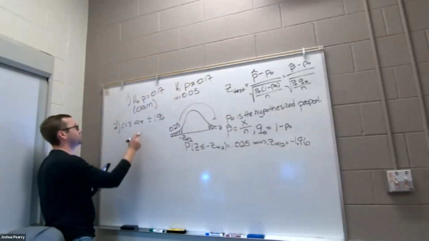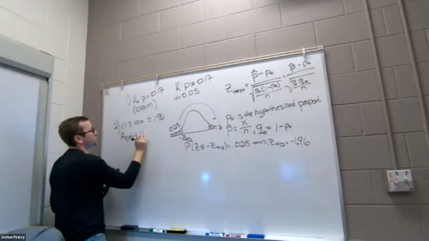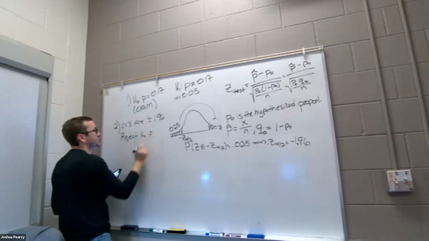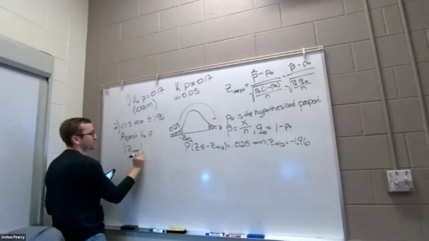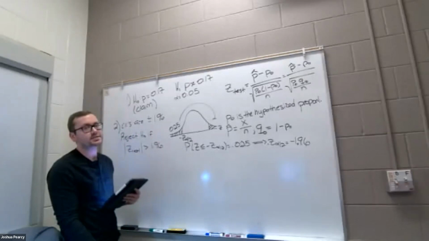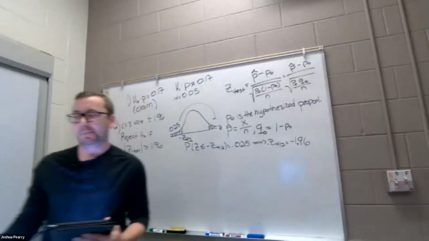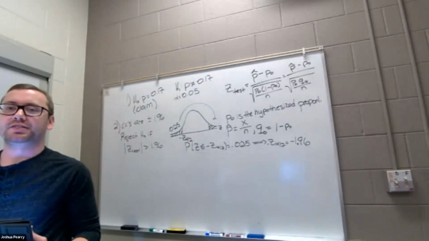Then the decision rule using this: reject the null hypothesis if the absolute value of your z-test statistic is greater than the positive critical value of 1.96. What is another way you could say that?